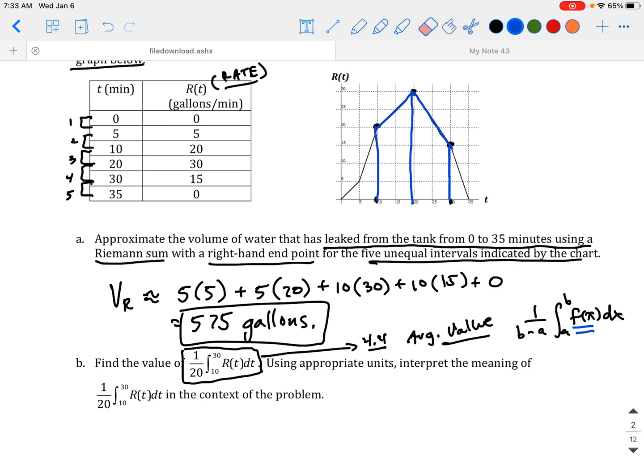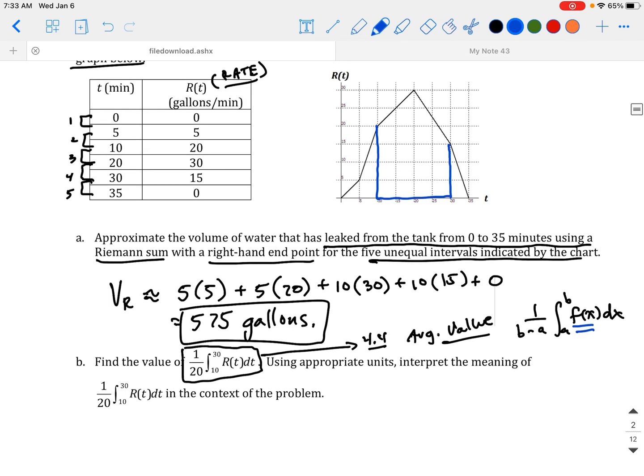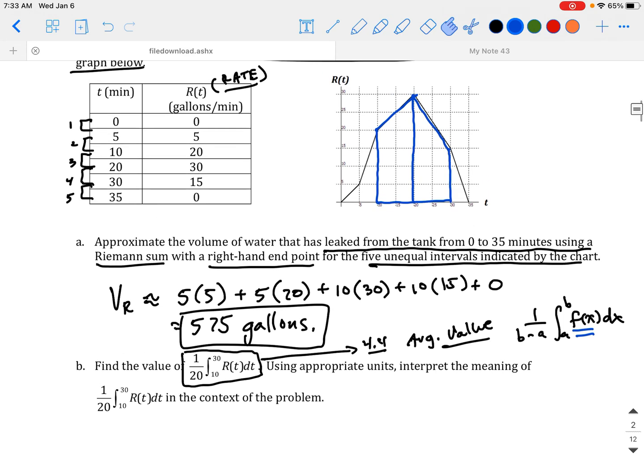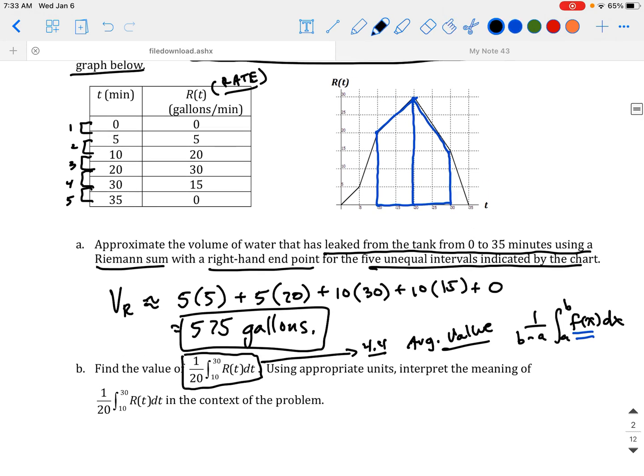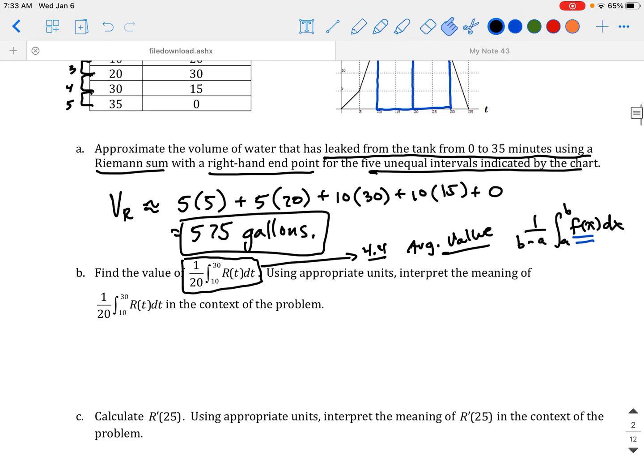And actually, I think, because those are linear pieces, we can get the exact area, because those are just linear. So 2 trapezoids is going to be the best idea.